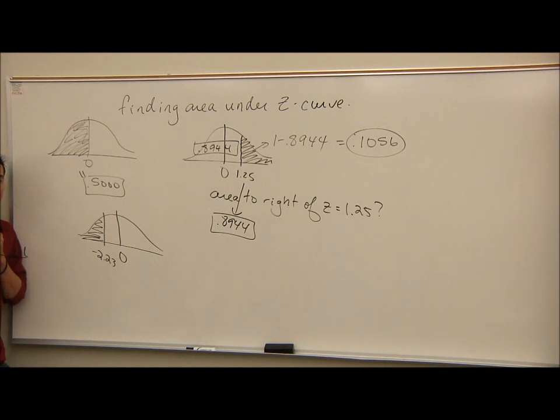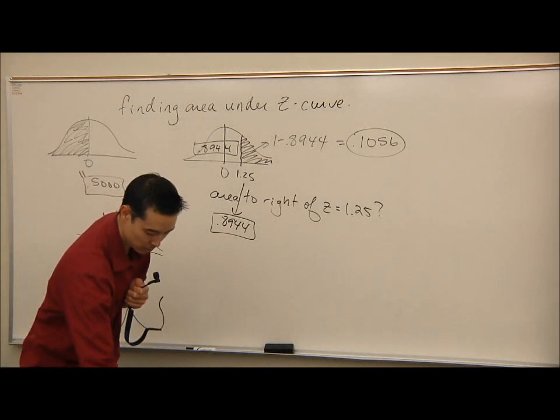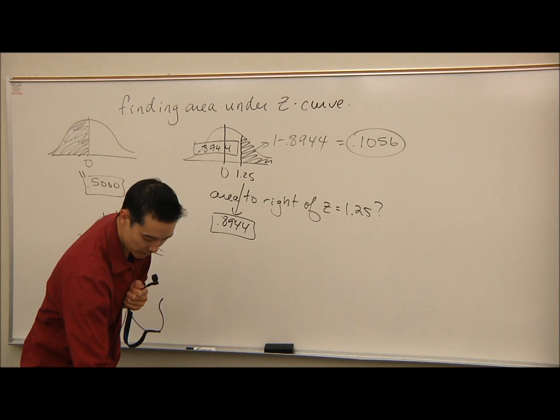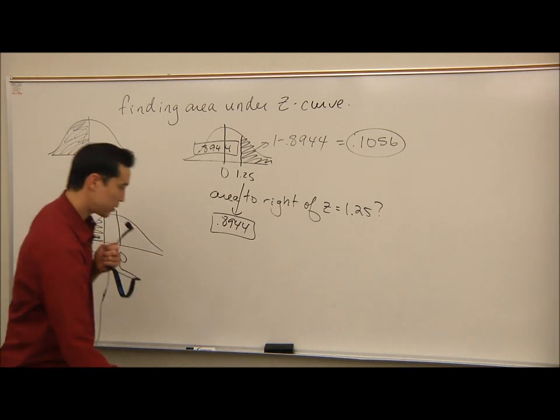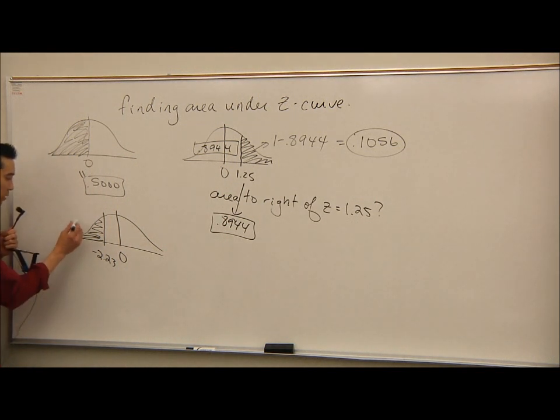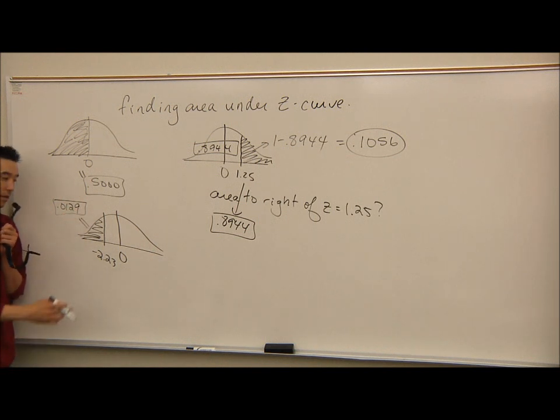Your chart is set up for area to the left. So you go down to negative 2.2. You go over to 3, and what is the value? 0.0129. So this area is 0.0129. Okay? I look up negative 2.23, and it gives me area to the left. So it's done for me.